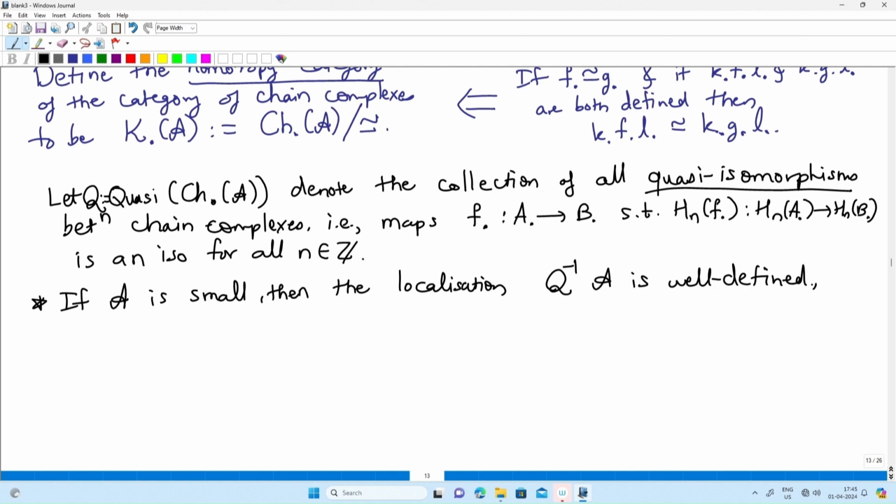And we call it the derived category of A.